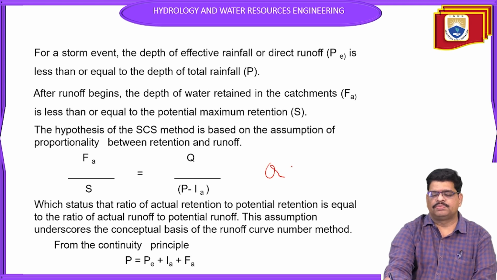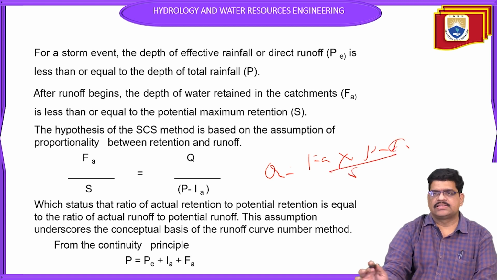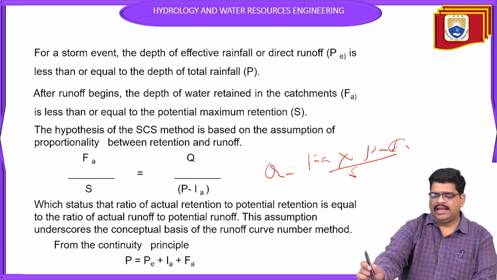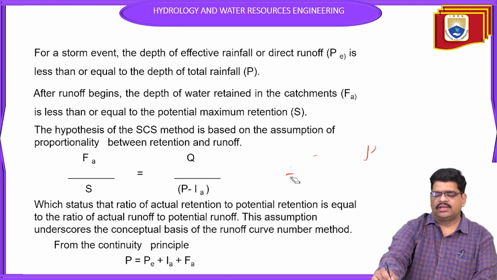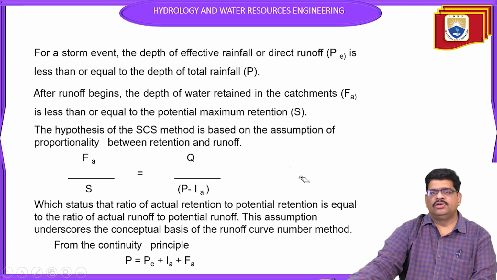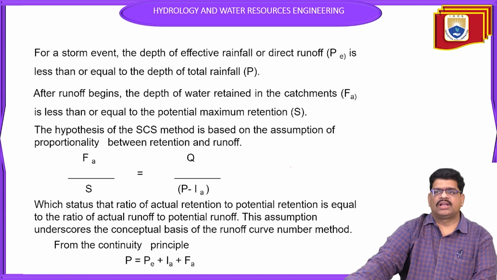For example, Q is equal to Fa into P minus Ia divided by S. So like that we have to calculate the discharge, applying the antecedent moisture condition. P is equal to Pe plus Ia plus Fa. This is also one of the formulas for calculating the runoff.